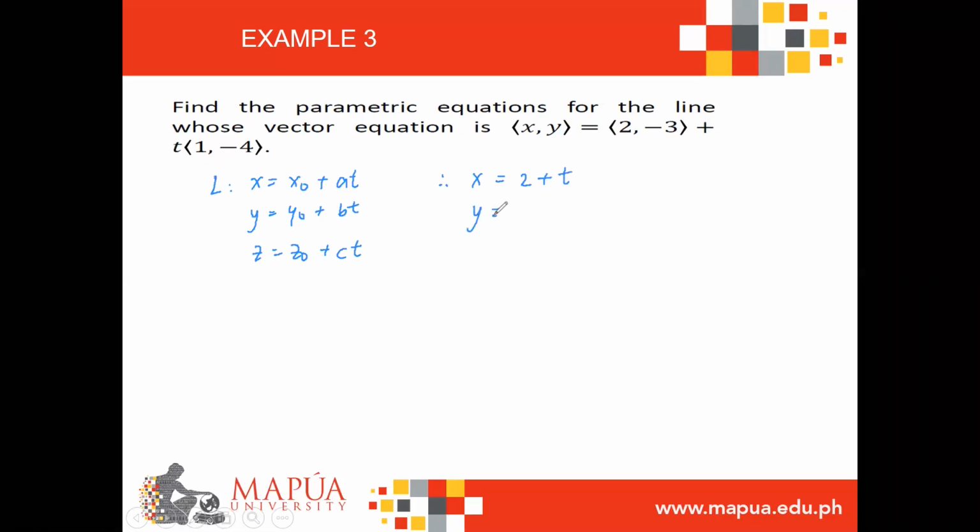Then you have y equals y0, which we have as -3, plus t times -4, we have it as -4t. So we will not include the third parametric equation because, as I've said, this involves a line in space. So we have this as the answer, the parametric equations for the line whose vector equation is given.